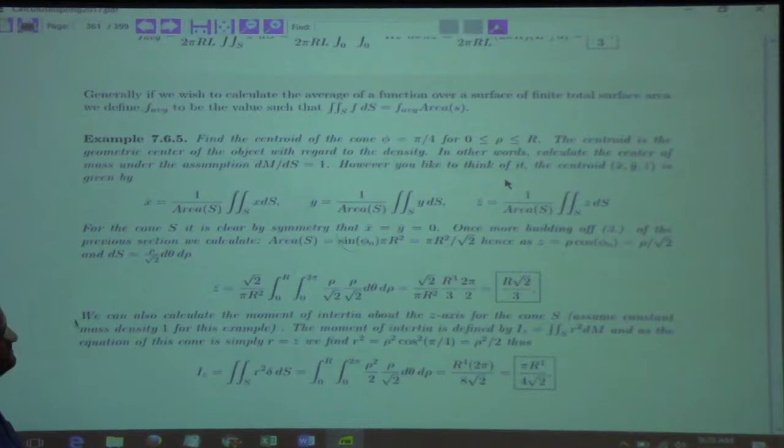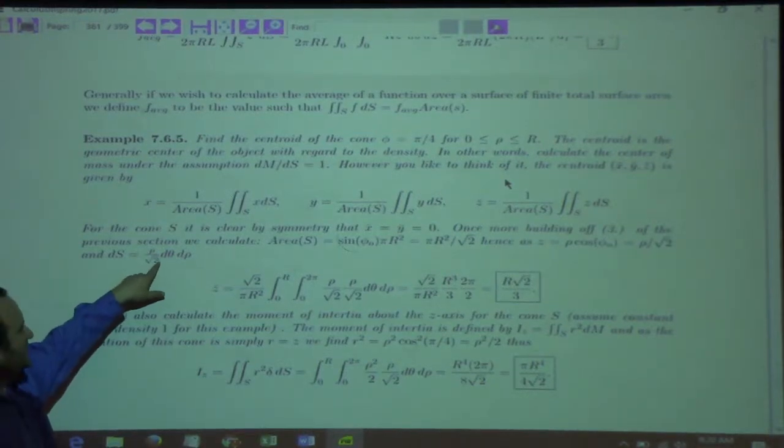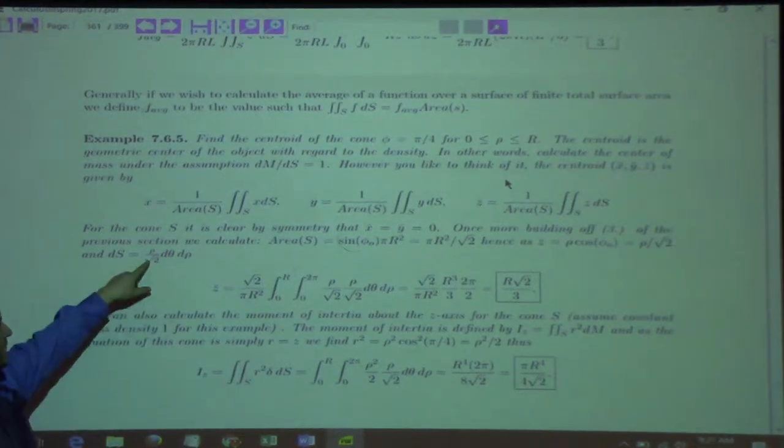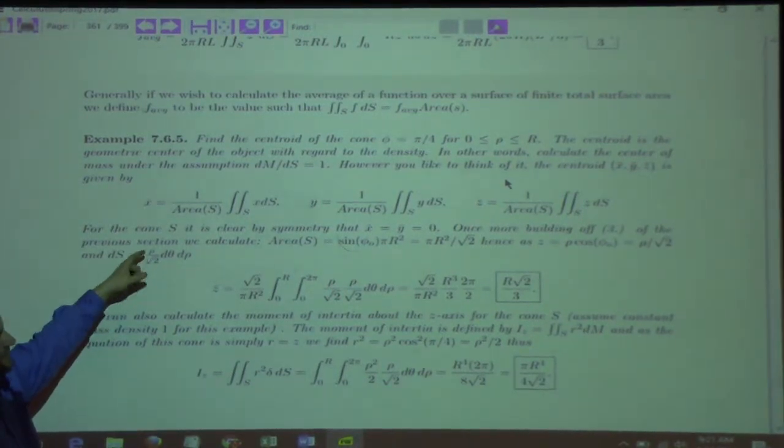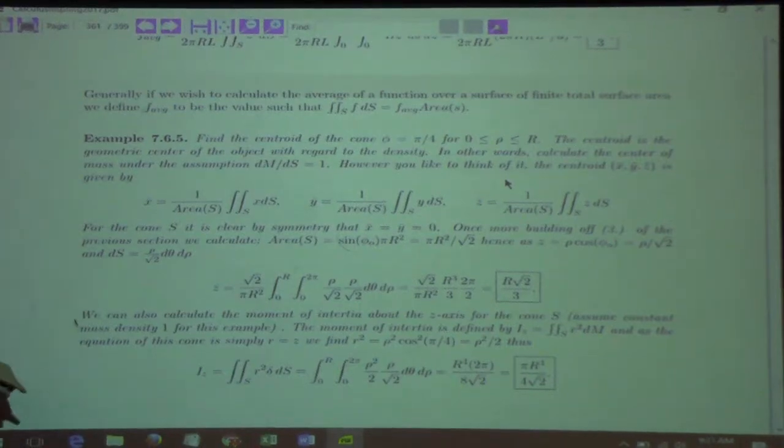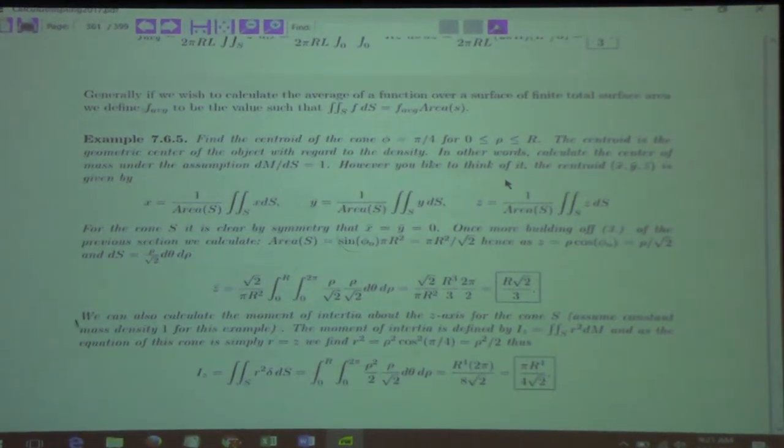What is ds here? ds is rho over root 2 d theta d rho, right? But the thing is, z is also rho over root 2 here, right? Because z is equal to... I can't find where I've written anything, but anyway, you plug in the parameterization for the cone, and it gives you this. And then part of this is the ds, and you integrate, and you get that.